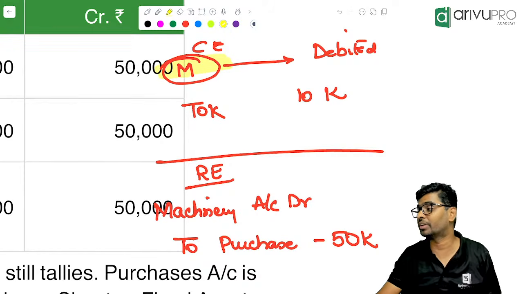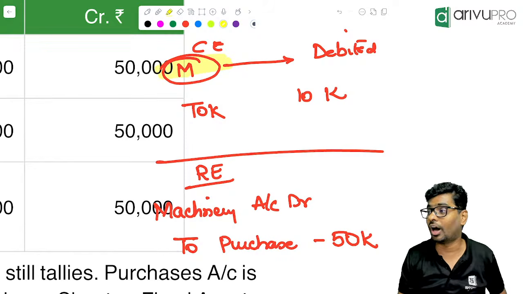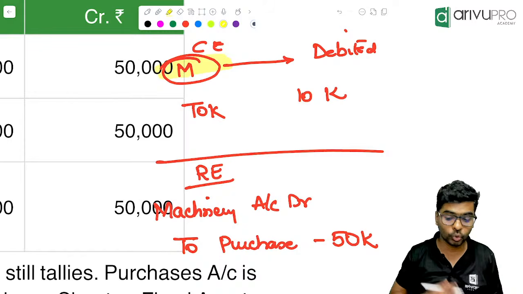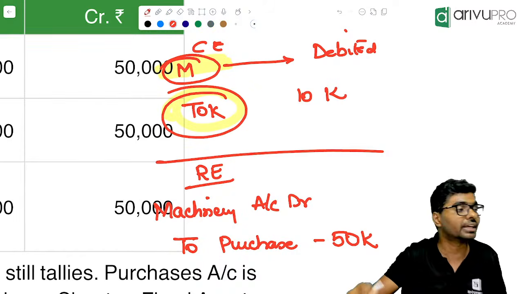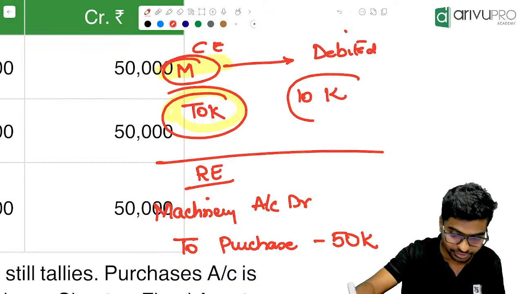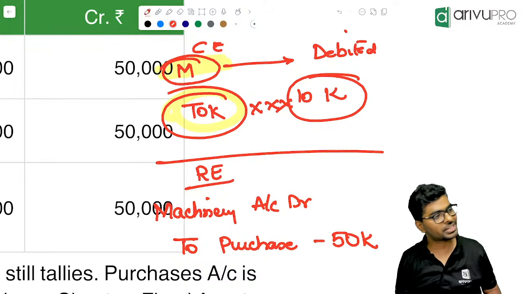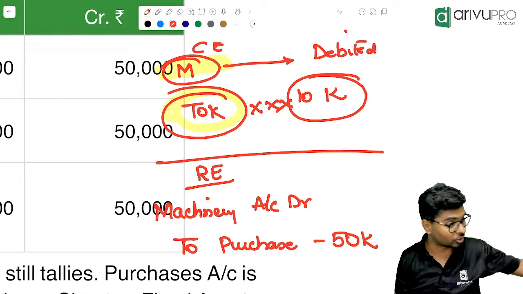Sir, so we have to reverse the wrong entry? Yes. Did you all understand this? Now, come to the credit. Who should have been credited? Kaveri. Who was credited? So that means I don't have to touch the credit, because I should have given credit to Kaveri, and I have given credit to Kaveri only.